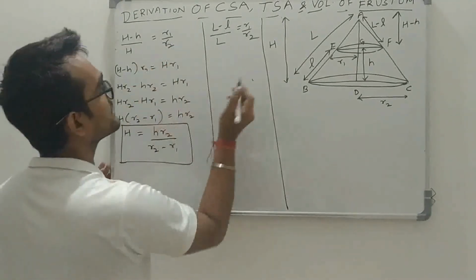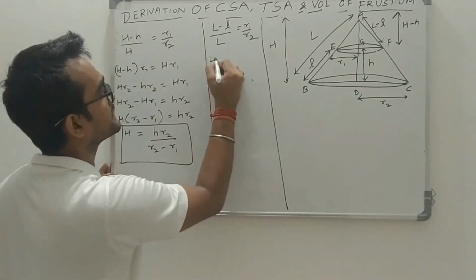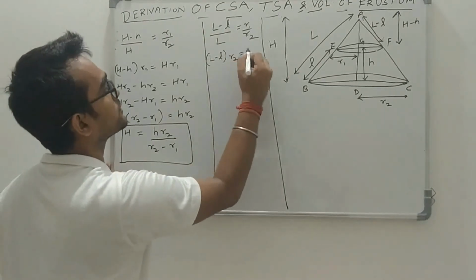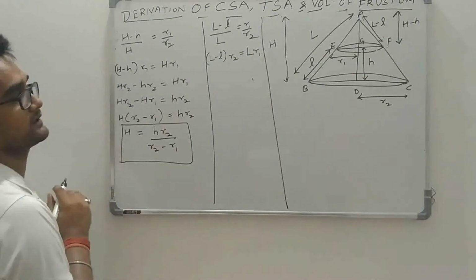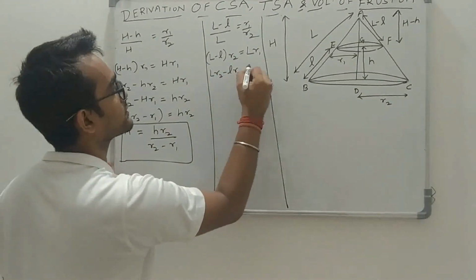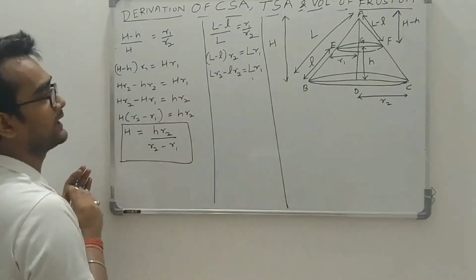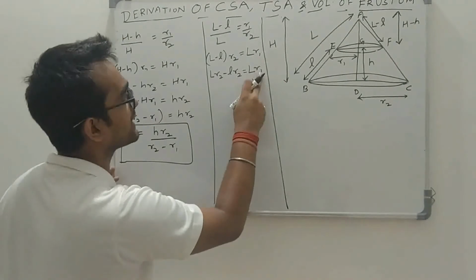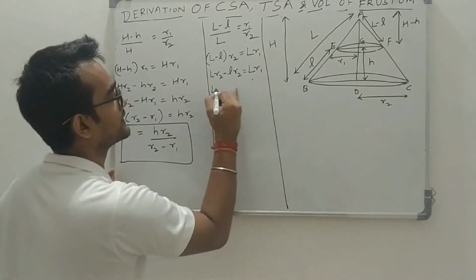Similarly, from here I will cross multiply it. So L minus l into R2 will be equal to L into R1. I will open the bracket. LR2 minus lR2 is equal to LR1. I will shift lR2 to the right hand side and LR1 to the left hand side.